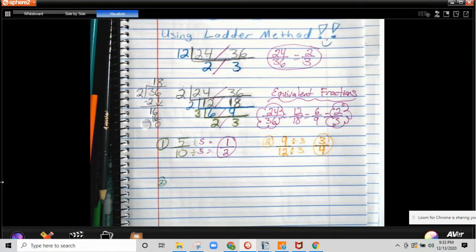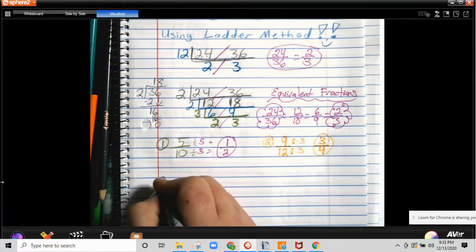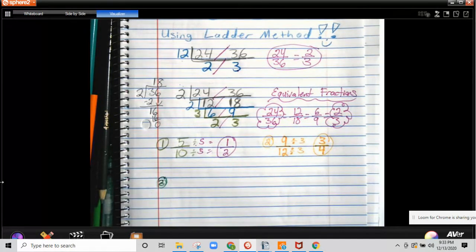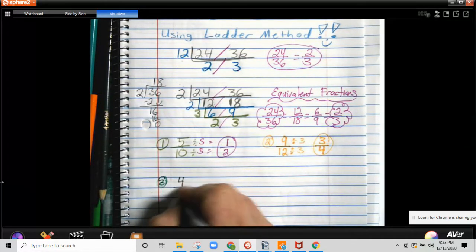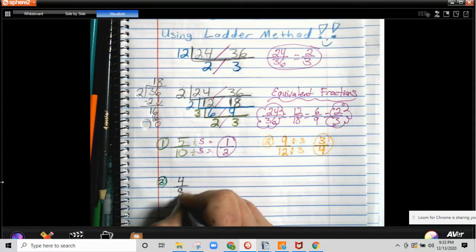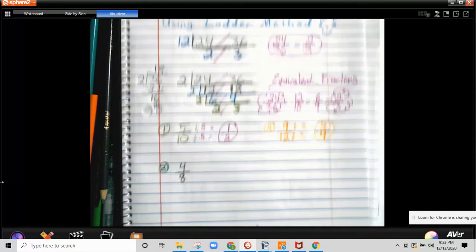Let's do another one. All right, I got you here. What if I do 4 over 8? 4 eighths.